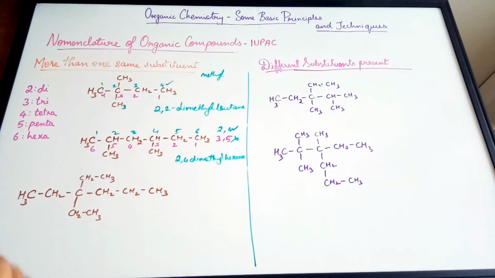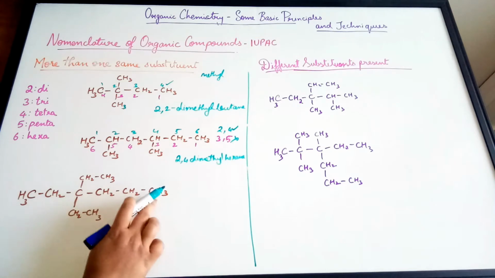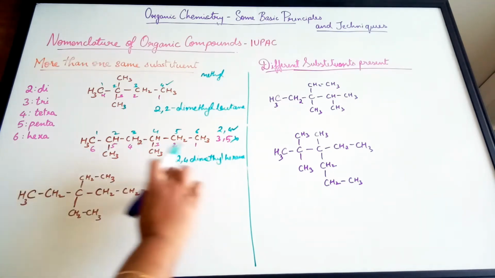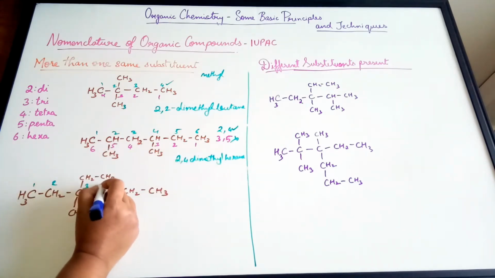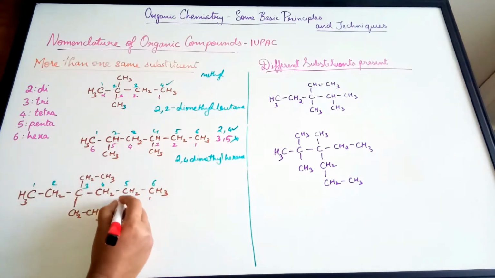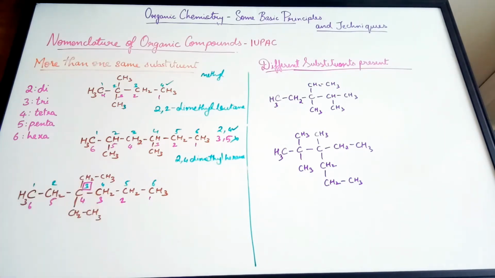Next, this compound. Now if we count 1, 2, 3, 4, 5, 6, it's the same as 1, 2, 3, 4, 5, 6 the other way. So for ease, we will take this one as the main chain. So you have 1, 2, 3, 4, 5 and 6, and backwards would be the reverse, and anyway we know that since 3 is lesser than 4, 3 is going to be considered. Now here CH2CH3 or C2H5 is an ethyl group.